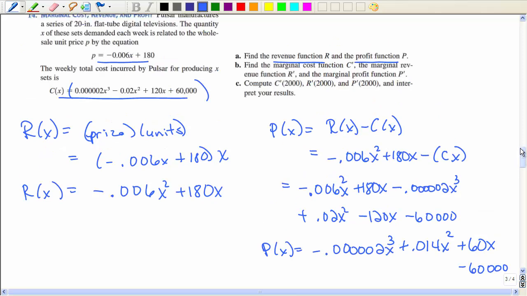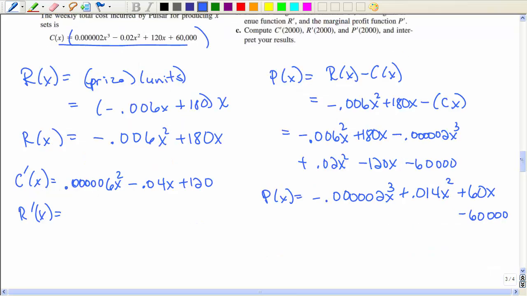Now I want the marginal cost function, marginal revenue, and so forth. All of that means to find the derivative. So again, just using the power rule, I really think that's 5 zeros: 1, 2, 3, 4, 5. Okay, that's my marginal cost function, marginal revenue, and then I needed my marginal profit function.